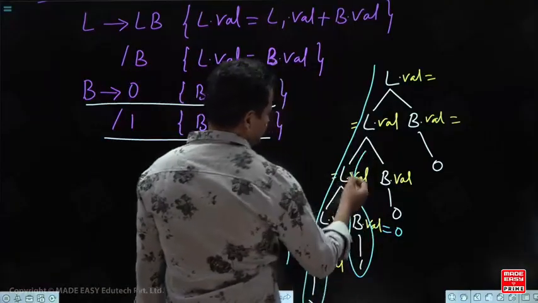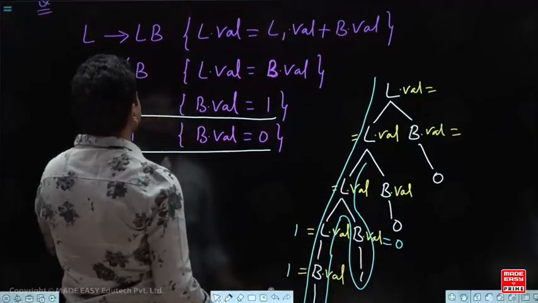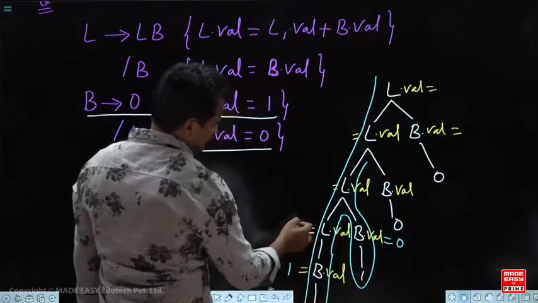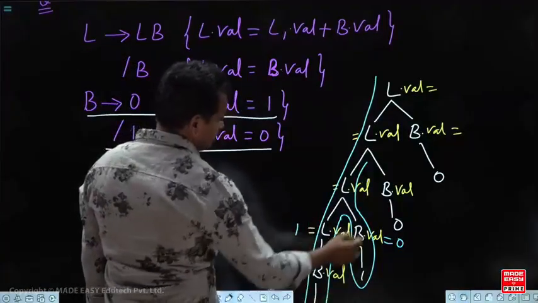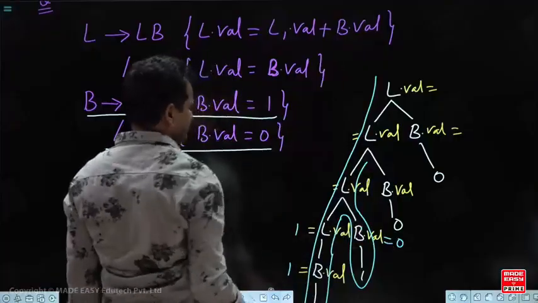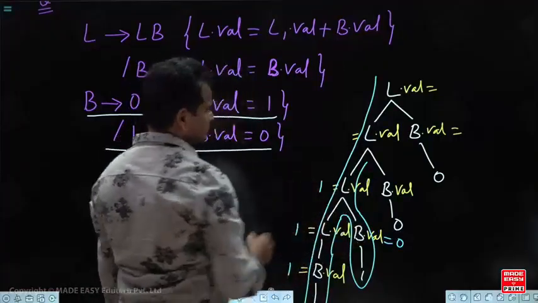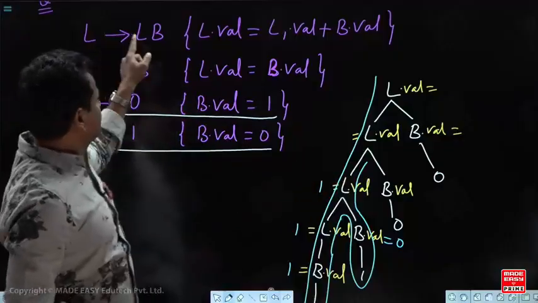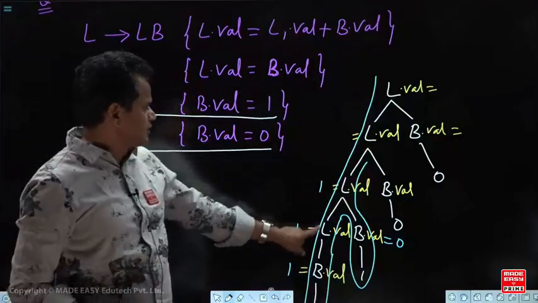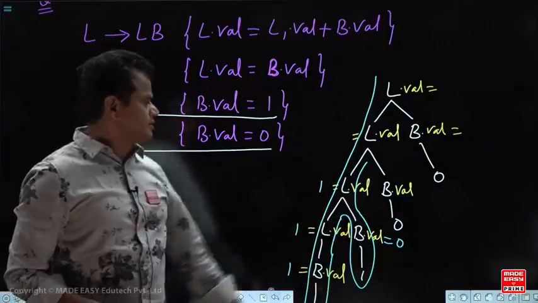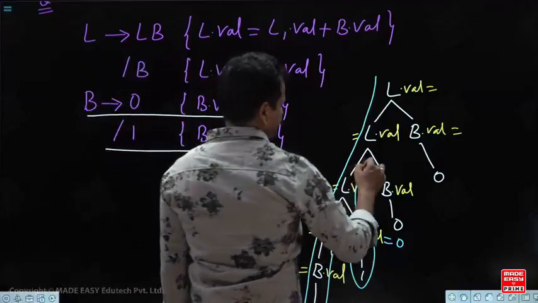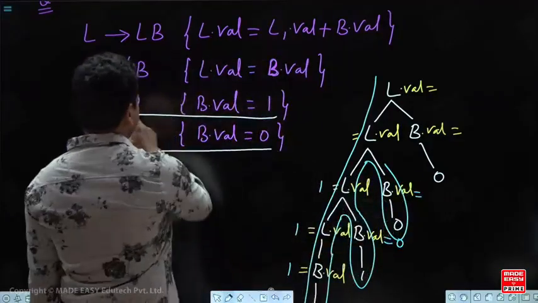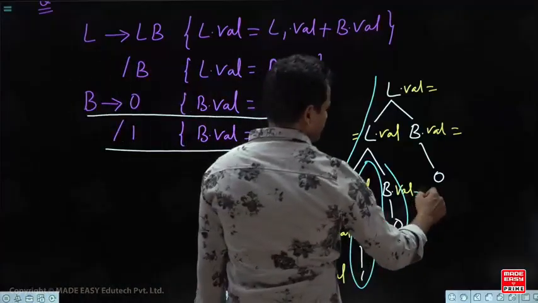Next, L derives LB, L dot value equal to L1 dot value plus B dot value. What is L1 dot value? 1. L1 dot value plus B dot value, 1 plus 0 is 1. Are you following? LB is reduced into L. Next, B derives 0, B dot value equal to 1.